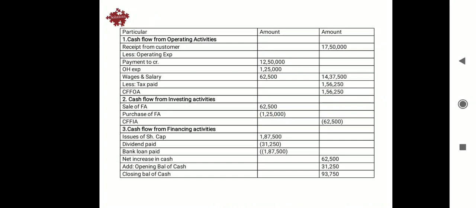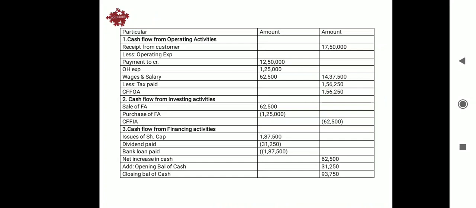Now we need to deduct the various operating expenses: payment to creditors, overhead expenses, and wages and salary. Adding these three and writing in the outer column, it will be 14,37,500. Then we need to deduct the tax paid also, which we had in the question.